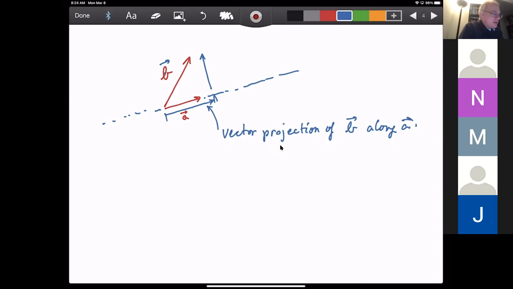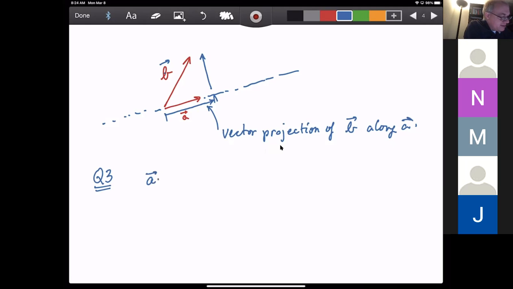Okay, so question 3 from the quiz. For each of the following expressions, determine the value of the resulting vector, or choose that the expression is meaningless.